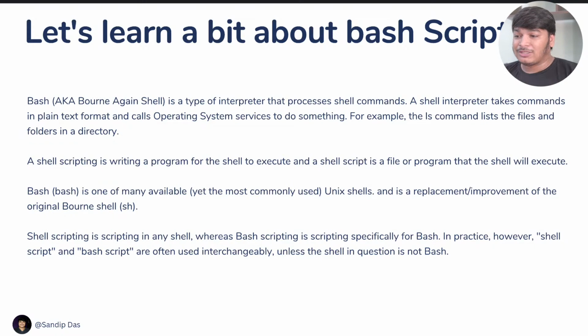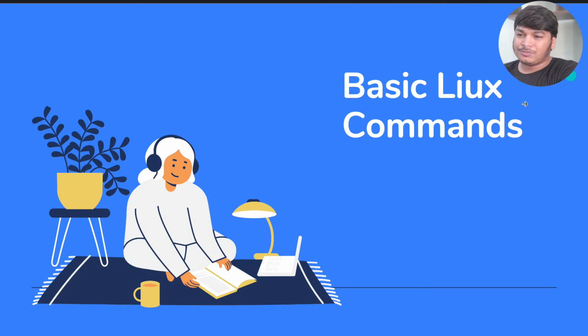In practice, however, shell script and bash script are often used interchangeably, because normally we don't see much difference, since of course a bash script is also a shell script. But there is a big difference. Shell scripting can be any shell; bash scripting is only bash. You give the hash, then bang, then slash bin slash bash, and that is exactly bash scripting. That difference is important. It might get asked in interviews, so it's good to know.